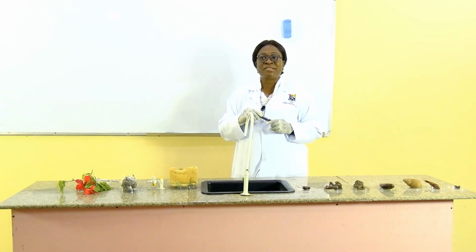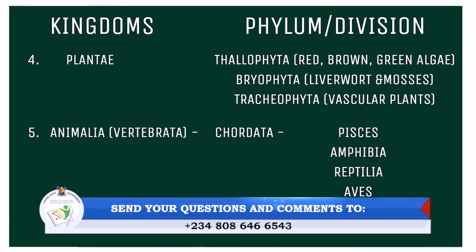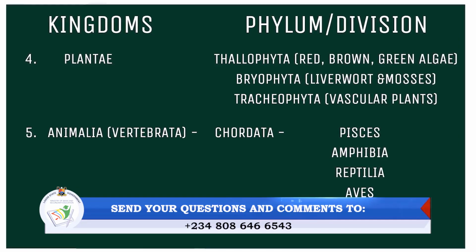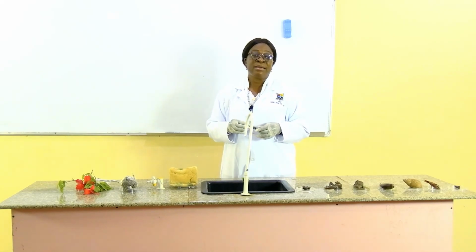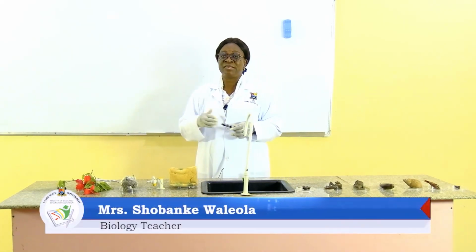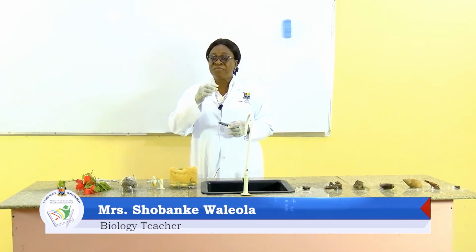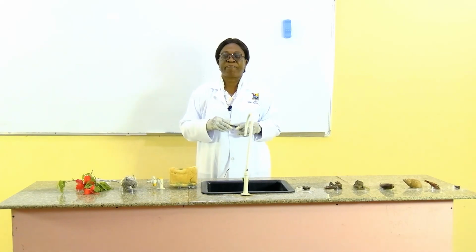The next group is Bryophyta. These are the liverworts and the mosses. The third one is the Tracheophyta. These are vascular plants, that is, plants that have vessels that carry food and water within them.